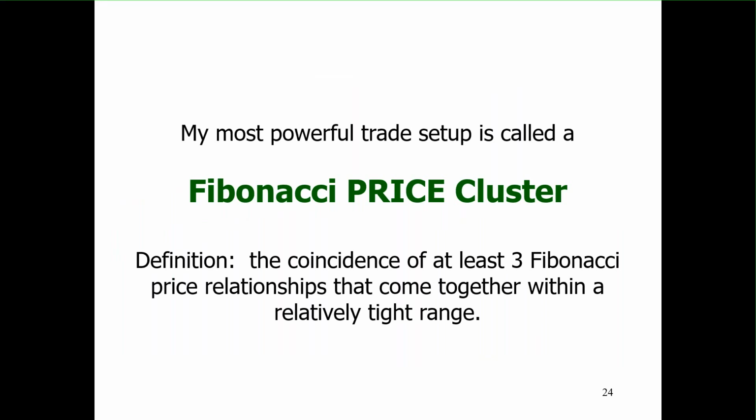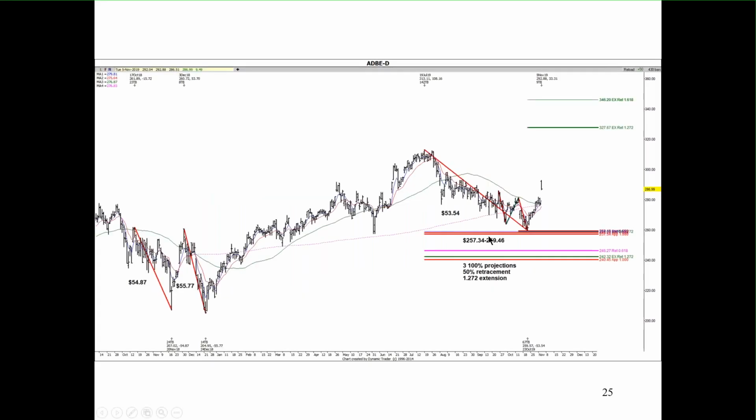Okay. So my most powerful trade setup is called the Fibonacci price cluster, and the definition is the coincidence of at least 3 Fibonacci price relationships that come together within a relatively tight range. So here's a good example of a price cluster, and this is obviously something you can trade off of.